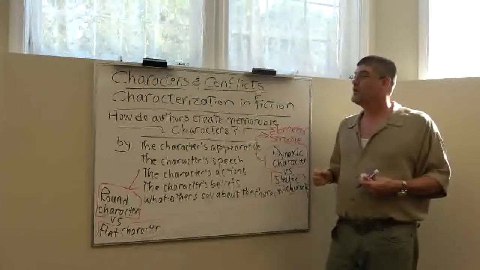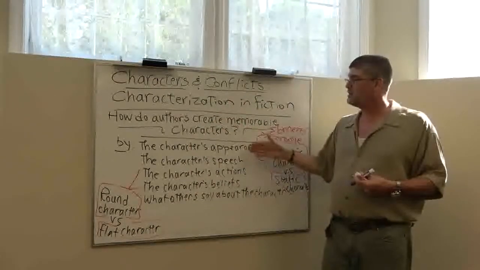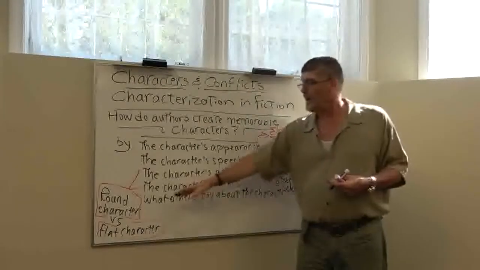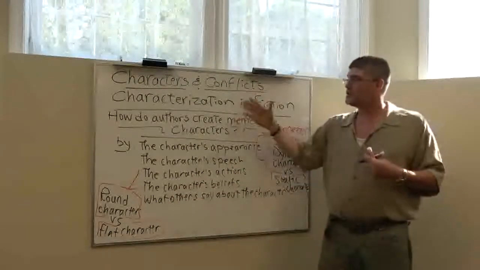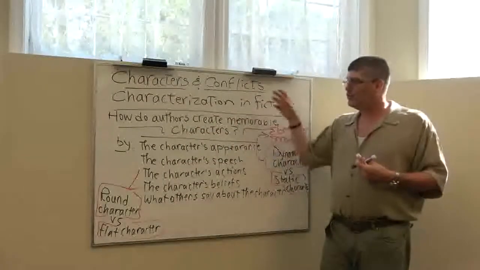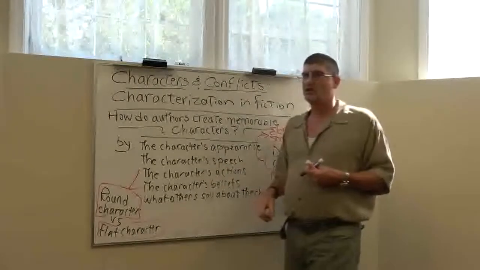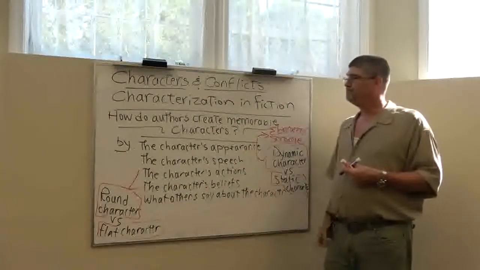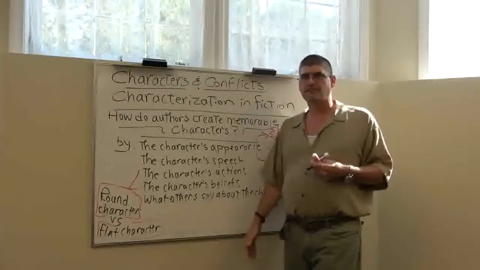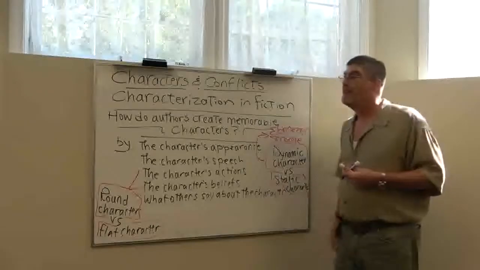What are their motivations? And then if you think about all these things, the appearance, the speech, the actions, the beliefs, if you have what others say about it, if you can describe all of these things in the form of a paragraph or in the form of an essay, really dig deeply into the character's presentation in a short story or in a novel, it will really go far into helping you to analyze the story.